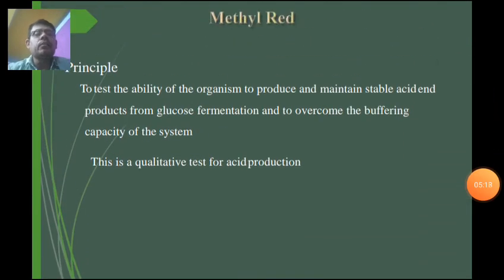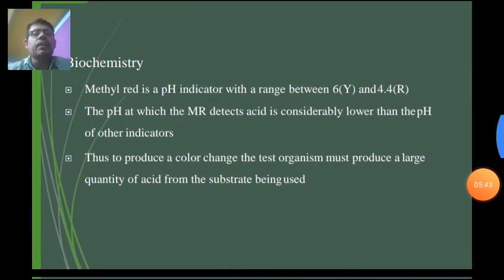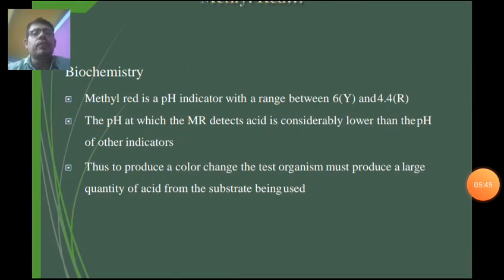The second test by which you can identify microorganisms is the methyl red test. The basic principle is to test the ability of the microorganism to produce and maintain stable acid end products from glucose fermentation and to overcome the buffering capacity of the system. This is a qualitative test for acid production by fermentation. Methyl red is a chemical indicator, a pH dependent color indicator.